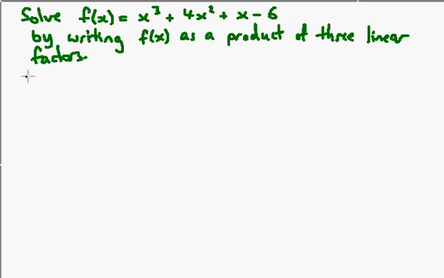So, first of all, I'm going to find what f of 0 is equal to. So x is 0, so 0, 0, 0, minus 6. Okay, so x is 0 is not a factor. Let's try f of 1. So f of 1 is 1 cubed, 1, plus 4 is 5, plus 1 is 6, take away 6 is 0.